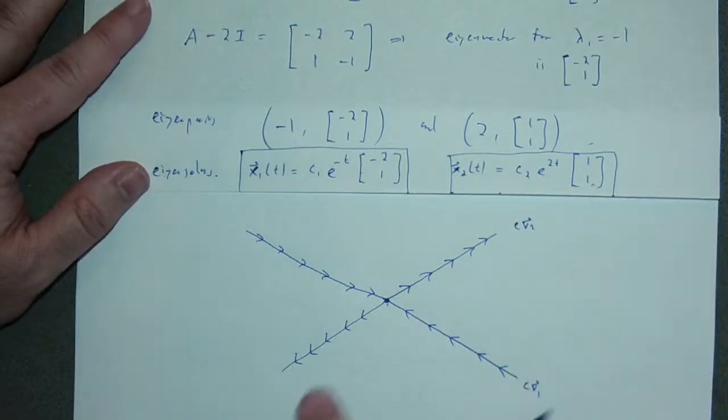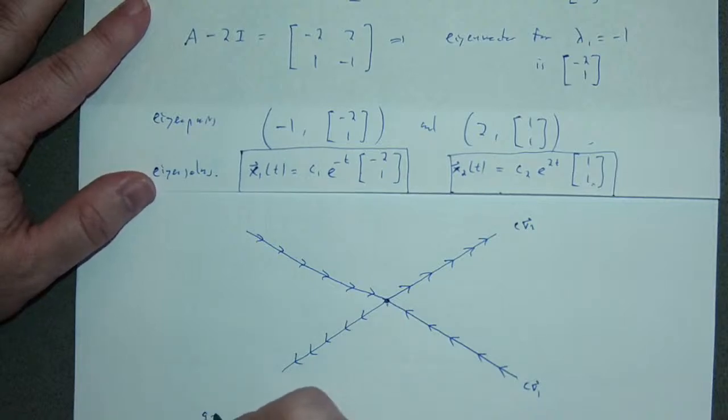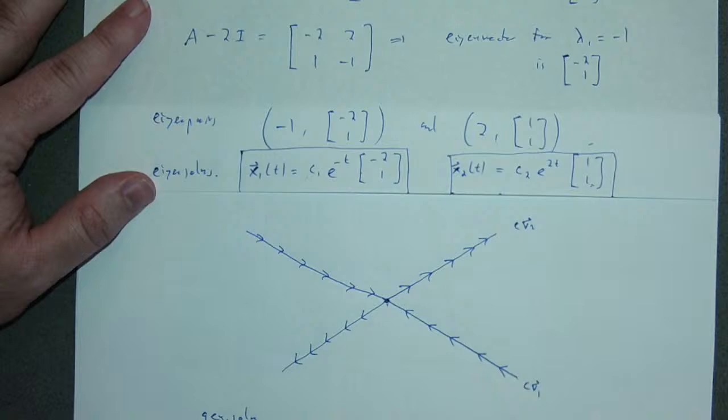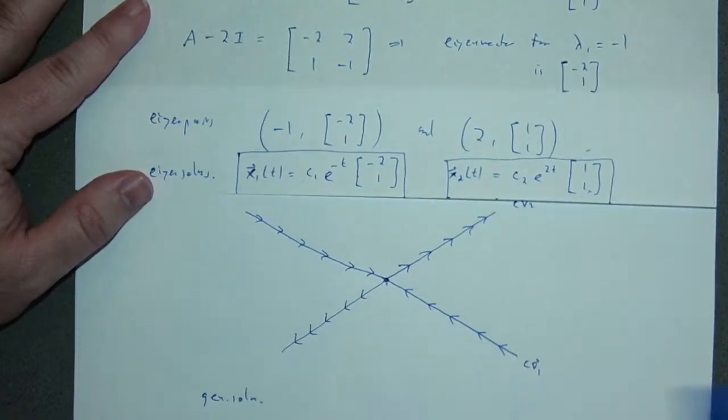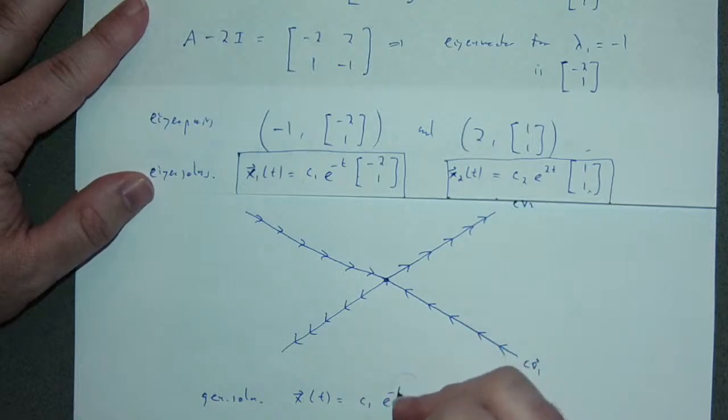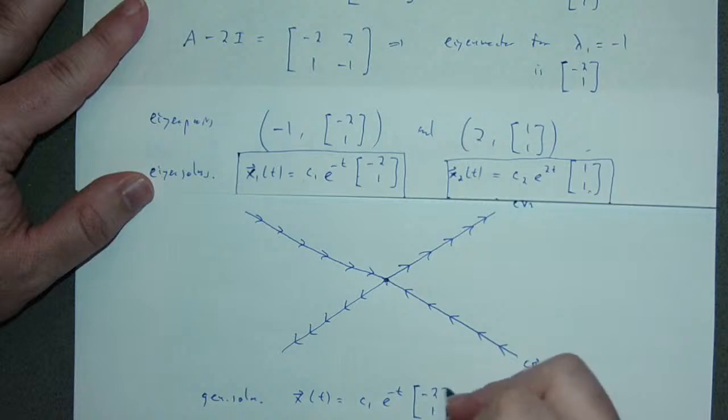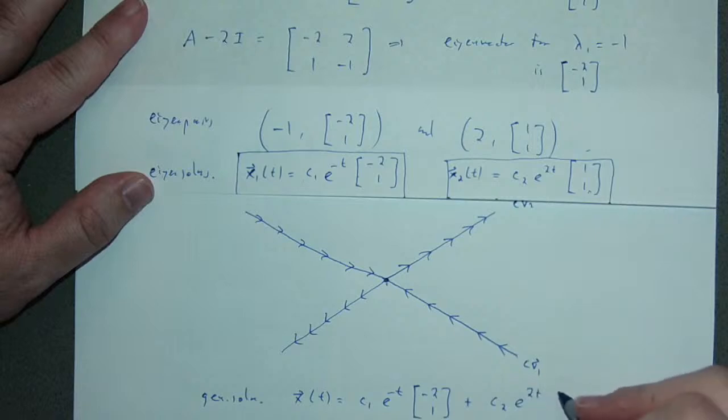But what if, and I know this, my general solution is not something where one of these c's is 0. My general solution looks like c1 e to the minus t times (minus 2, 1), plus c2 e to the 2t times (1, 1).